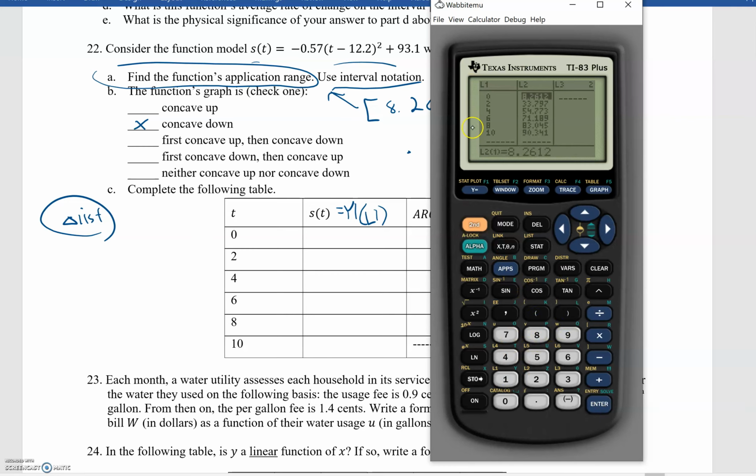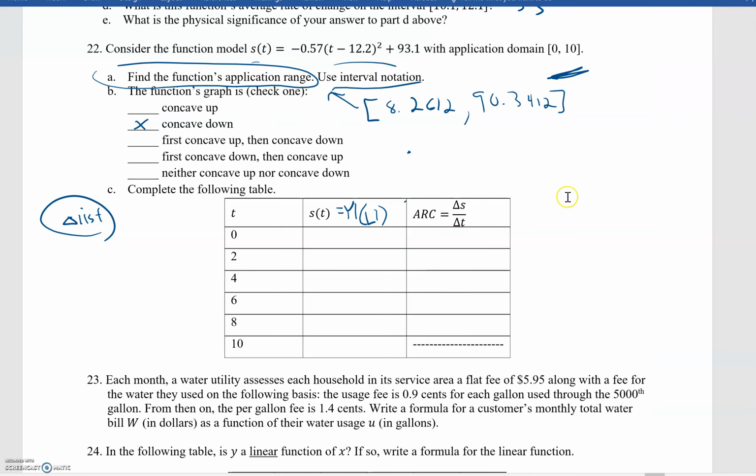And now I've evaluated the function through this first list. Okay, so now we're ready to move on to column L3. What I'm going to end up putting right here is delta list L2 divided by delta list L1. And that's going to calculate multiple average rates of change.